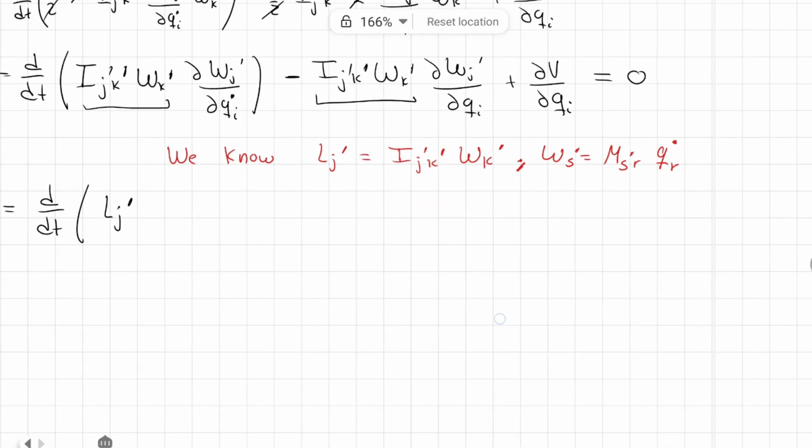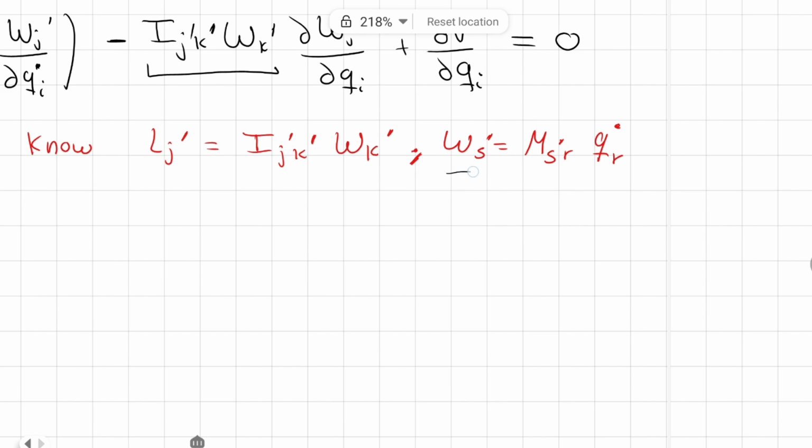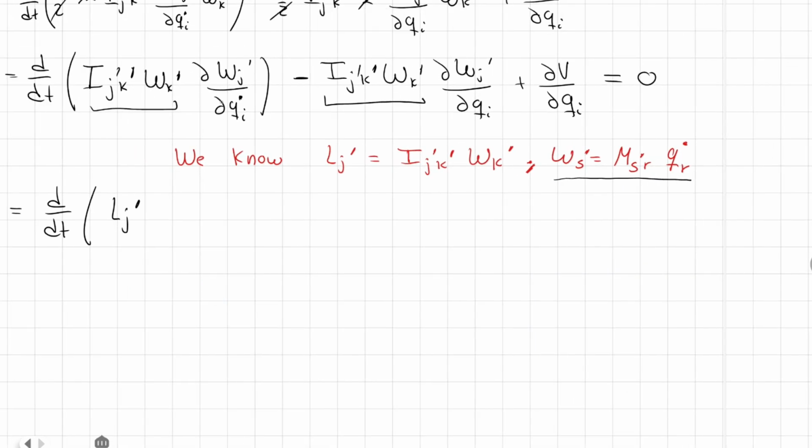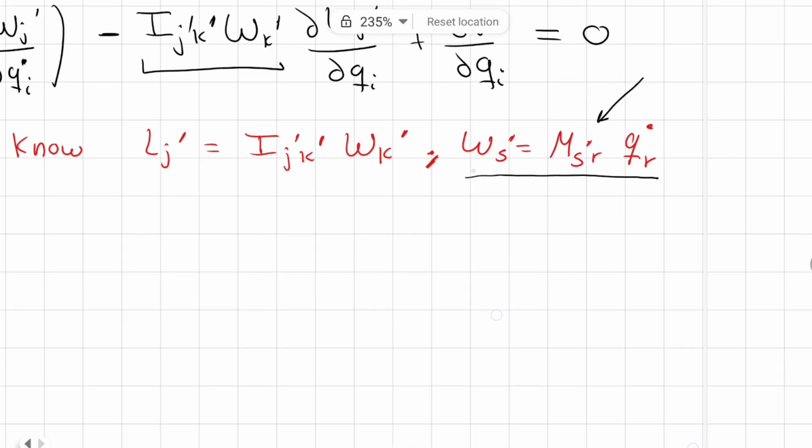So, if we analyze this expression, it is very easy to notice that if we take the derivative of omega with respect to qi dot, we are just going to get this m. Because taking the derivative of this with respect to the qr dot, it will cancel this qr dot and we will only get this term.